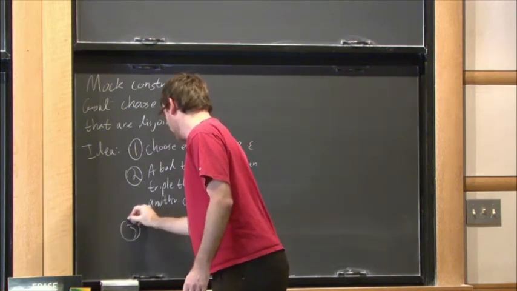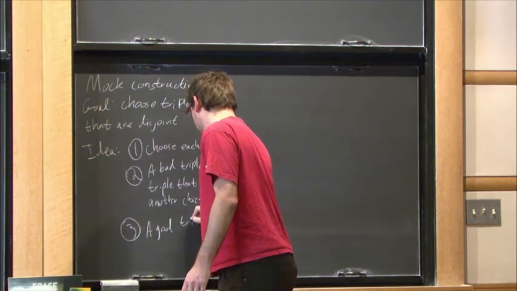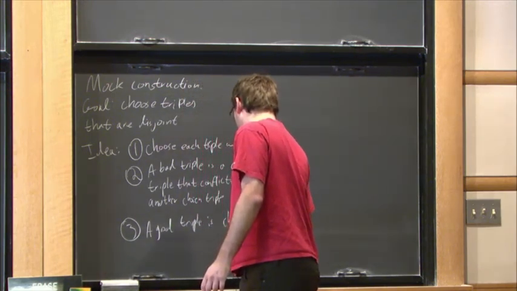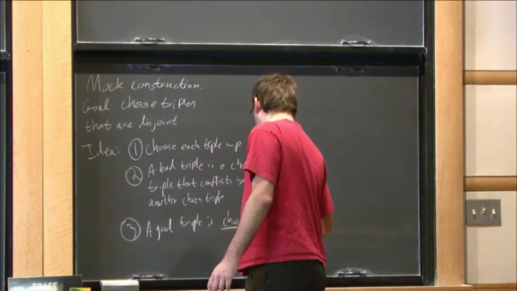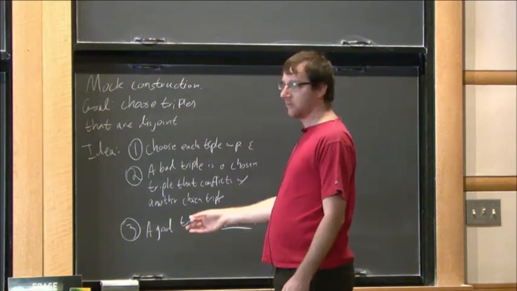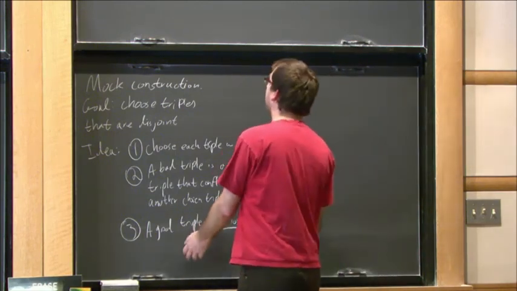And a good triple is one which is chosen and not bad. So I'm throwing away all the bad triples, and we're going to take everything that remains, and this is all going to work out.